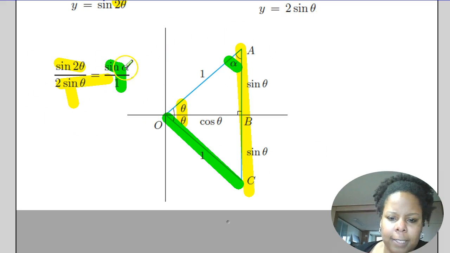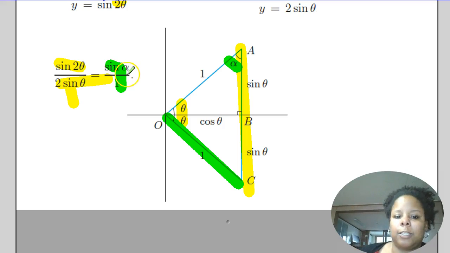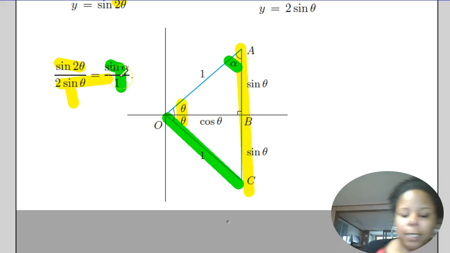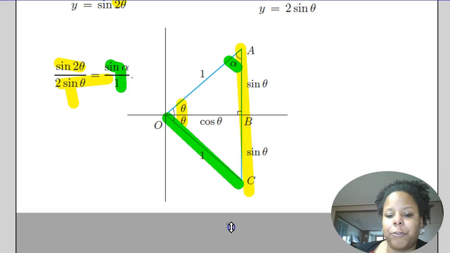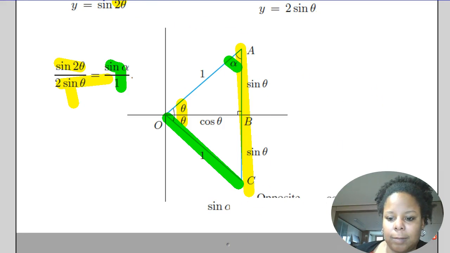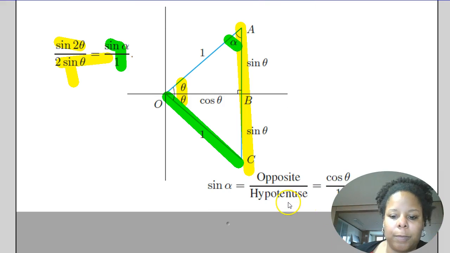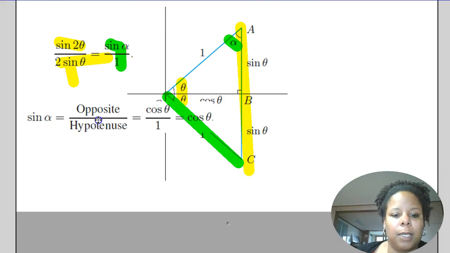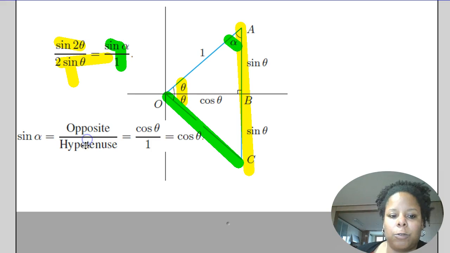And so now if I can somehow represent sine of alpha in terms of something that I can use, let me move this up here so you can see what I'll do. Sine of alpha is equal to the cosine of theta, okay?